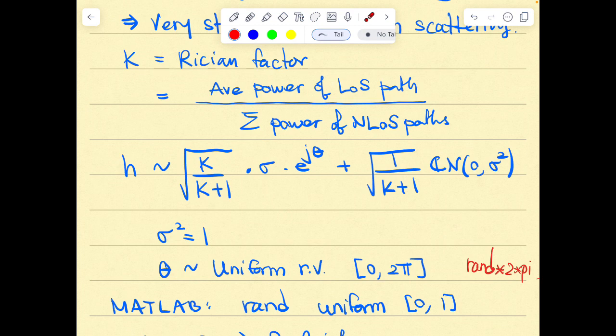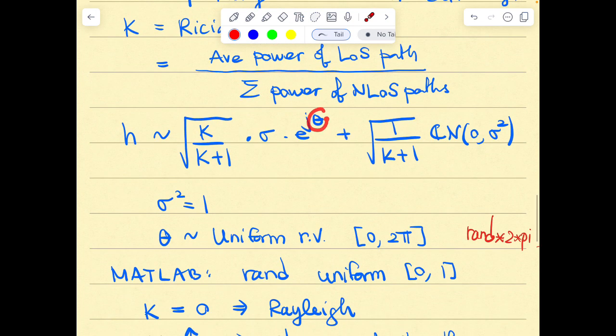Now the second term is going to reflect all the non-line of sight paths. You see that it's also complex Gaussian with zero mean and variance sigma squared, but then it's weighted by square root of 1 over K plus 1. So you can think of the first term as the term that represents the line of sight path, and the second term as all the non-line of sight paths.